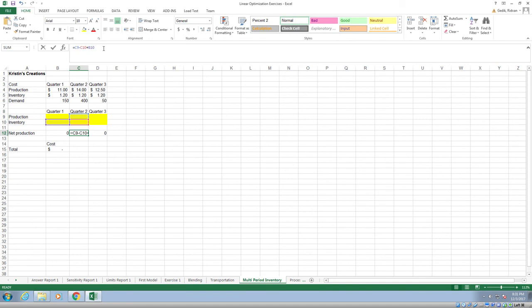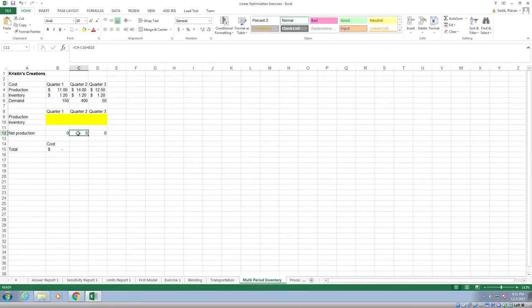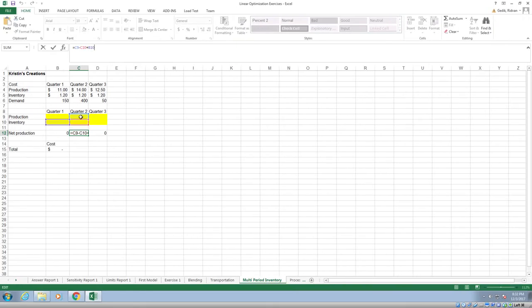For the second quarter, what we have here is that PW plus IA minus IW. So here it is C9. C9 is PW minus C10.